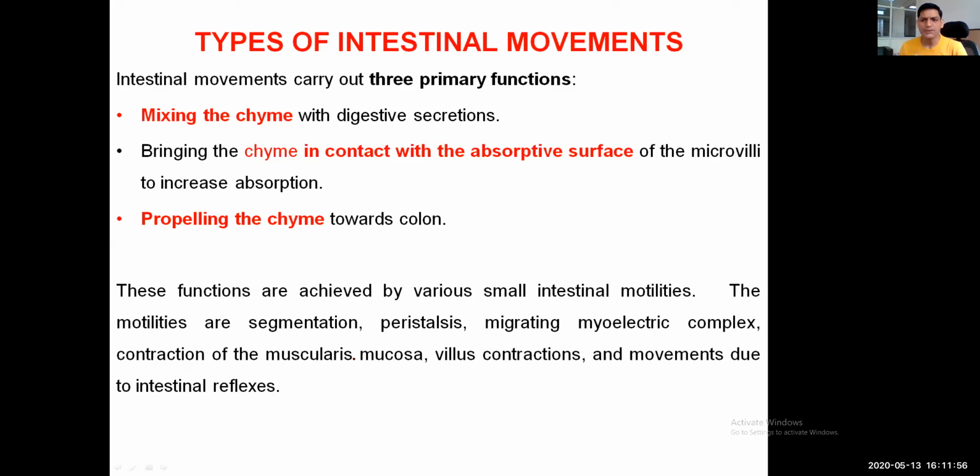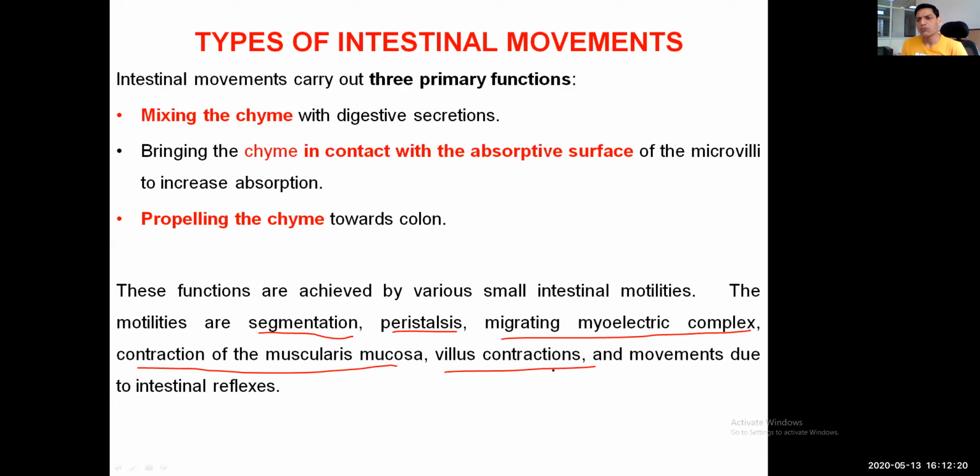These functions can be achieved by different types of movements. One is segmentation movements, peristaltic movements, migrating myoelectric complex, MMC जिसको बोलते हैं, contraction of the muscularis mucosa, villus contractions, and there are some movements due to the intestinal reflexes.